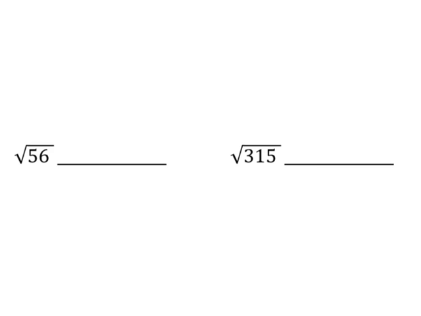I'm going to say that the number should at least start with a 7 because the square root of 49 is 7 and the square root of 64 is 8. So the answer for the square root of 56 should be 7 point something. For the square root of 315, I think it should be maybe 19 point something, because I know the square root of 400 is equal to 20. So let's see.